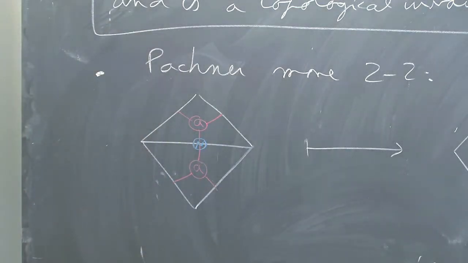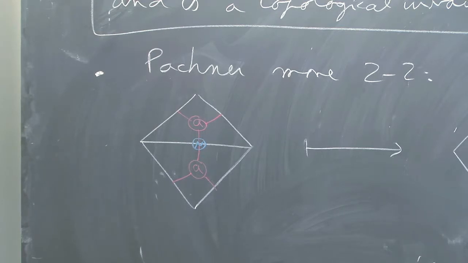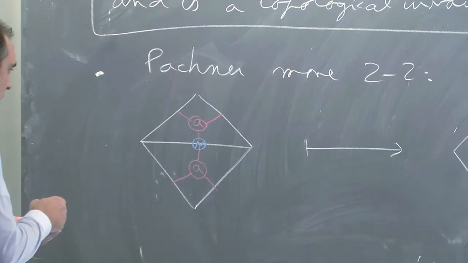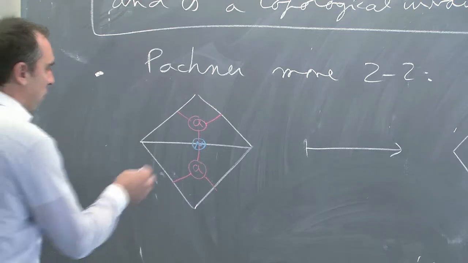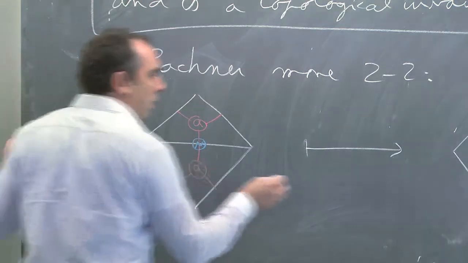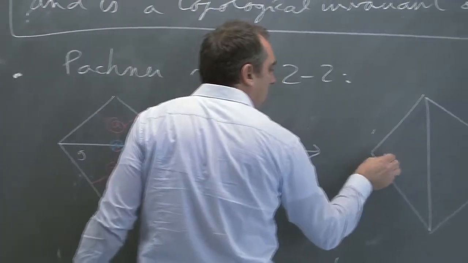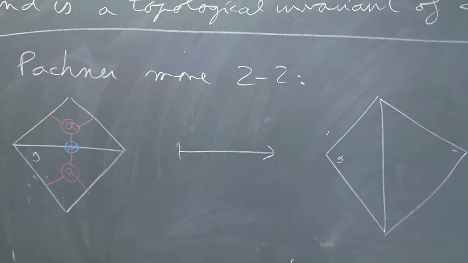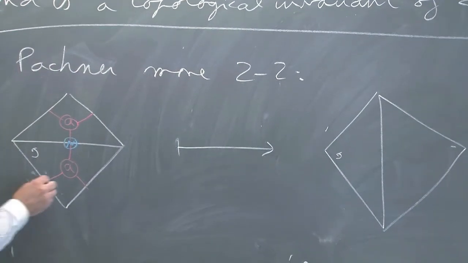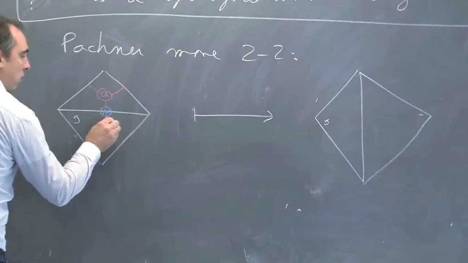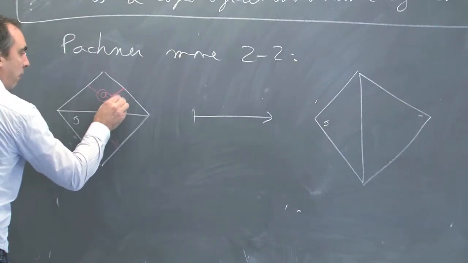So what do you obtain? So I put, for example, the orientation of the surface like this. So I need to put numbers. So let's say 1, 2, 3, 4, 5, 6.